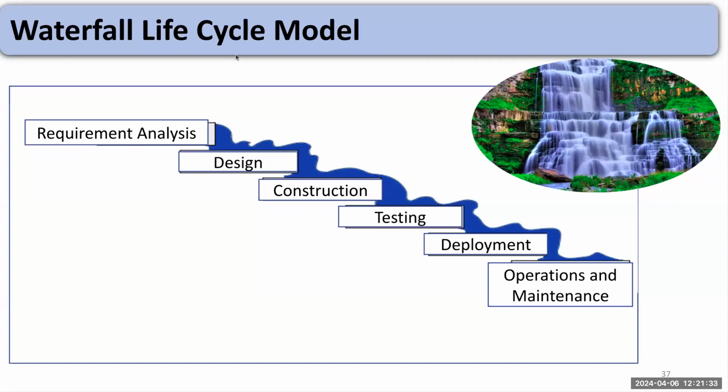This is the waterfall life cycle, starting with requirement analysis. After checking the requirements of the customer, the software company designs the software, and there should be feedback also. Then after designing the software, the software company shows what they designed to the customer, and then constructs the software.